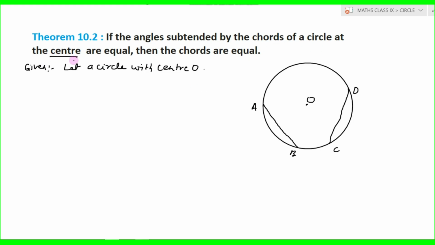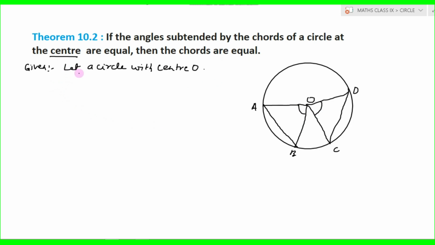The center is O. So join AO and OB. You will get the angle subtended by this chord AB at the center is AOB. Join OC and OD to get the angle COD. You will get the angle subtended by chord CD at the center O. And this is given, they are equal, meaning these two angles are equal.